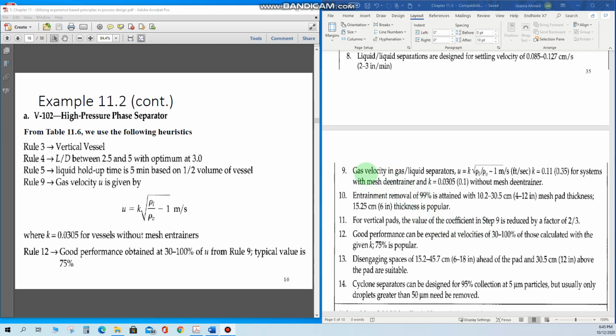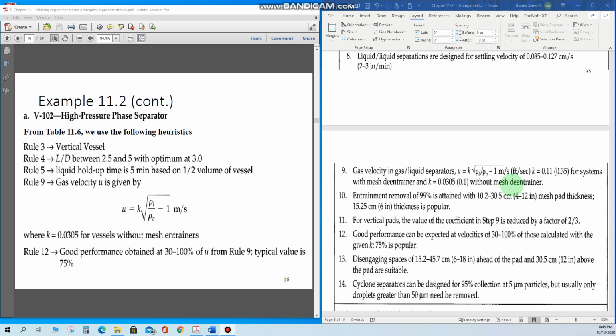Here the constant K for evaluating the gas velocity in the gas liquid separator is 0.11 meter per second, or in feet it can be 0.35, for the systems with mesh demister, and K would be equal to 0.0305 meter per second without the mesh demister.